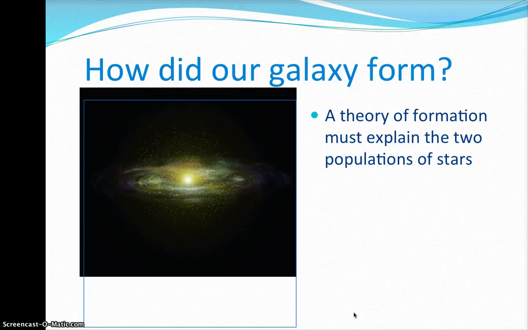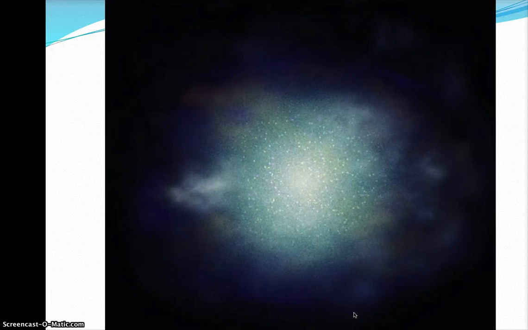And so if we think about how our galaxy may have formed, we want to explain these two populations of stars. And basically, we believe that in a way our galaxy formation story is very similar to the formation of our solar system. We start with a giant cloud of gas that you see right here, and something causes that cloud to collapse under gravity, so it's disturbed in some way that triggers the beginning of a collapse.